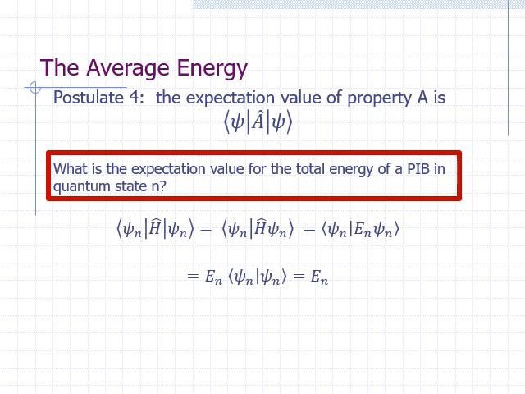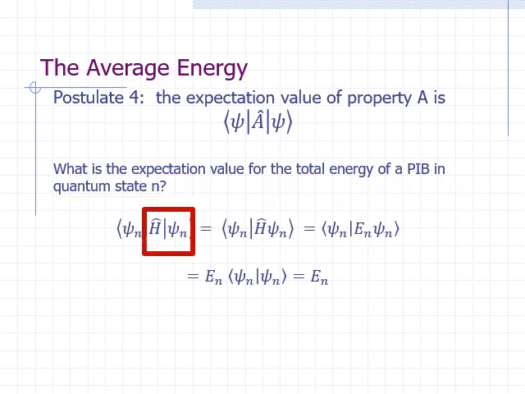What is the expectation value for the total energy of a particle in a box if it is in quantum state n? We apply the Hamiltonian operator H hat on psi sub n, then multiply by the complex conjugate of psi sub n, and integrate over all space.